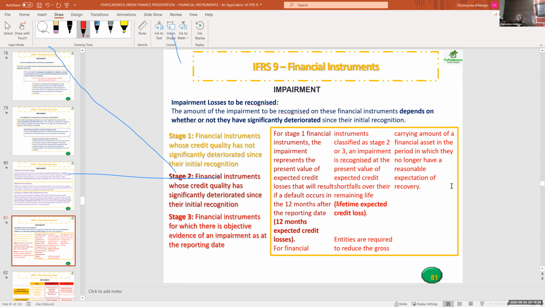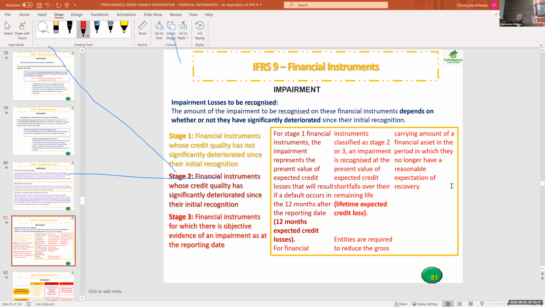Stage 2 means that there are financial assets that have less quality than those in stage 1, and that is based on information that is available before you as at the measurement date. As at the date you are carrying out this test, which is usually at the reporting date, to say, what are the conditions that you are seeing?